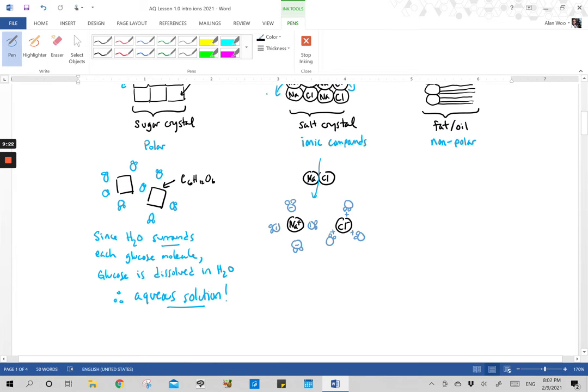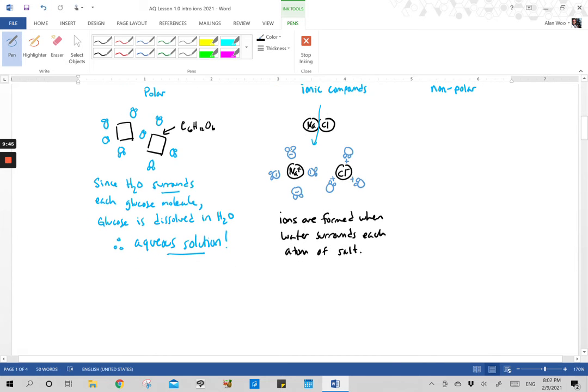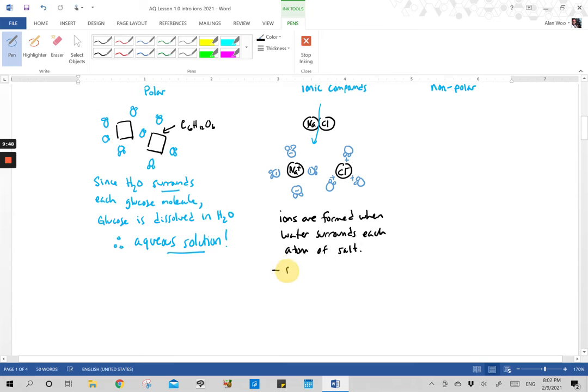Okay? So ions are formed when water surrounds each atom of salt. So two things happen here. Salt dissolves in water, but salt also dissociates.